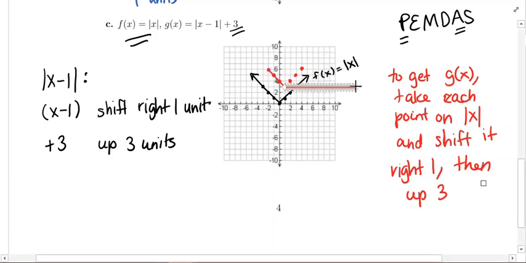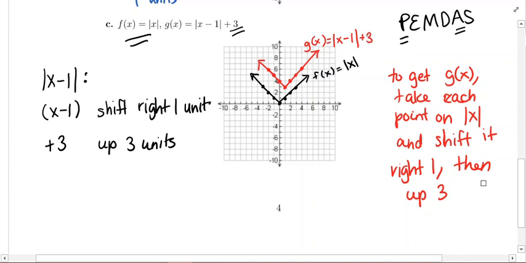Make sure you put arrowheads on the ends. It's going to go up forever in this direction, and let me extend it this way as well. So here we go, same basic shape. This red one is going to be g of x, the absolute value of x minus 1, plus 3.